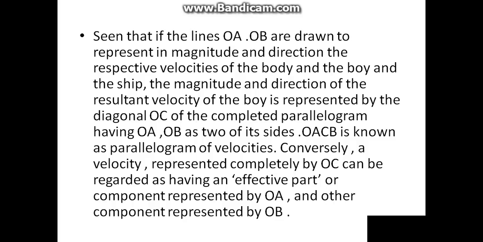OACB is known as the parallelogram of velocities. Conversely, a velocity represented completely by OC can be regarded as having a component represented by OA and another component represented by OB.